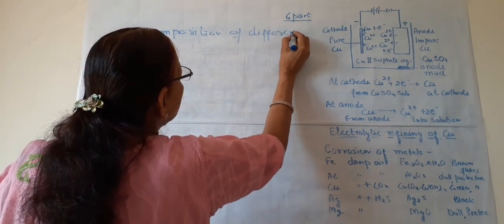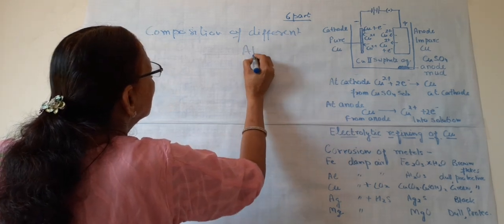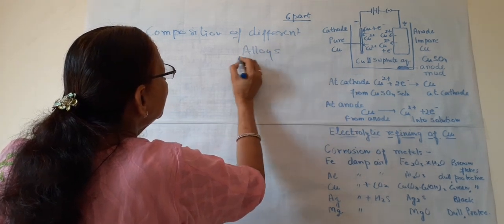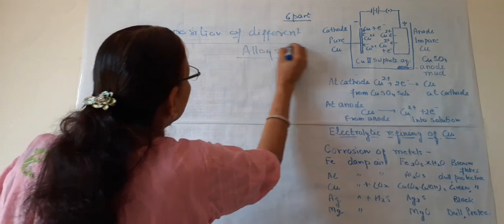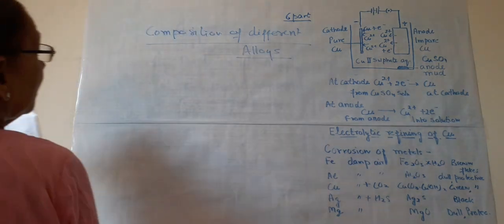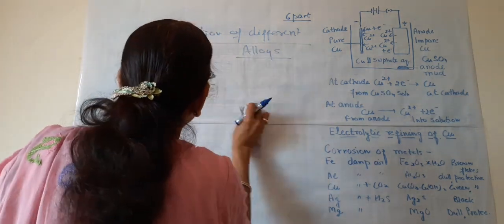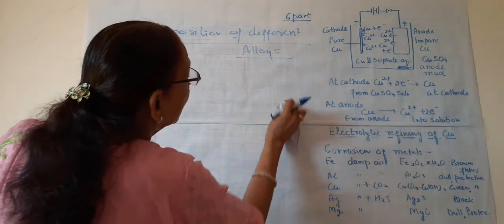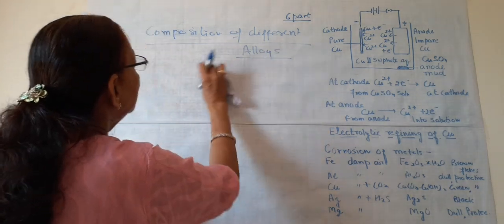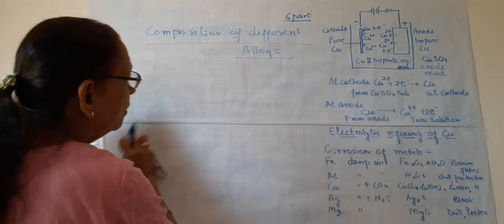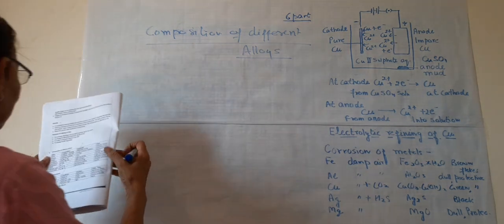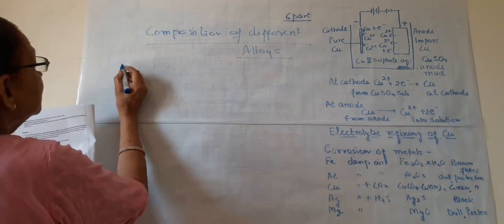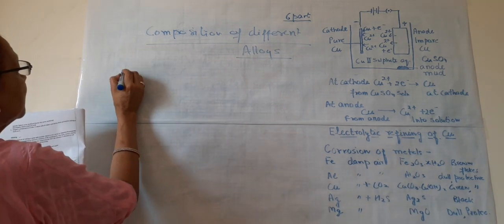What is meant by composition? It means the percentage of different metals in different alloys. So we will write 4-5 alloys to know the exact or approximate percentage of different metals. We can make a table.